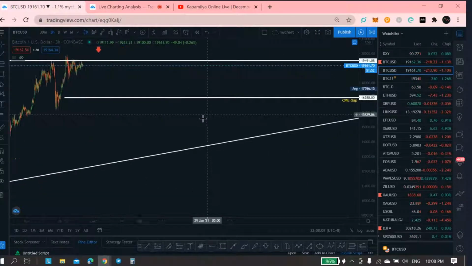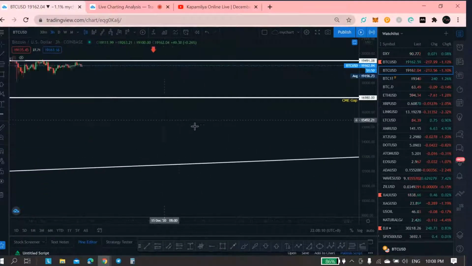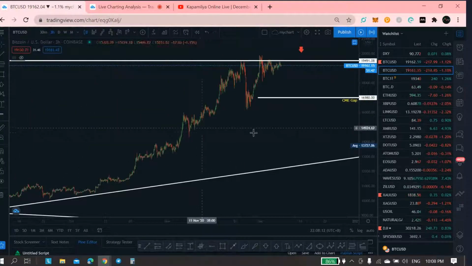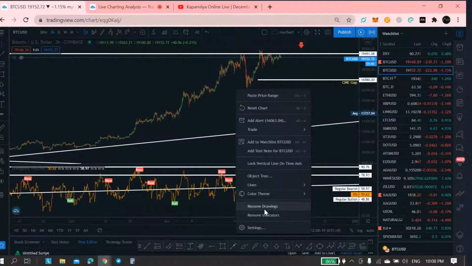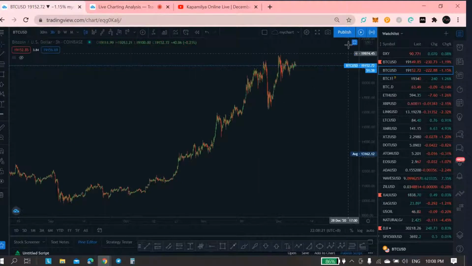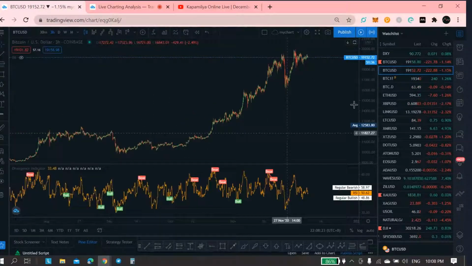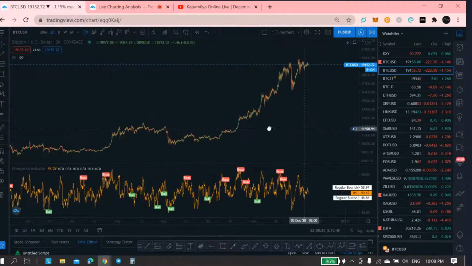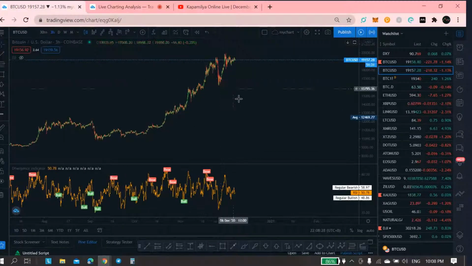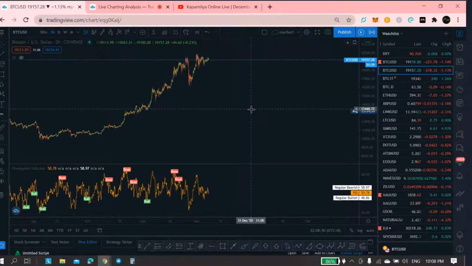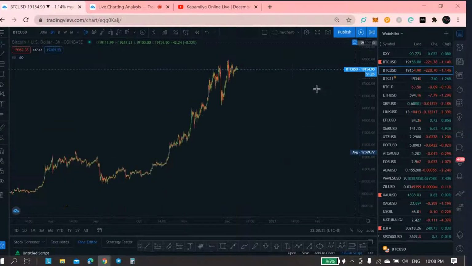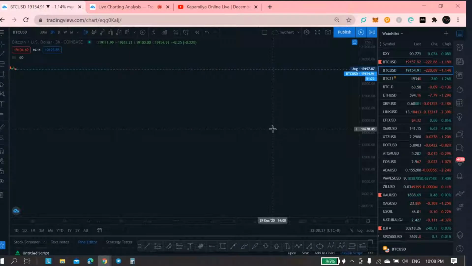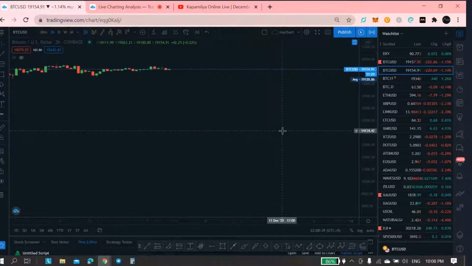I thought I had an alarm here at BTC. There's a lot of lines, so we can just remove that. Normally, as I've mentioned, I just trade using the price action. We'll just add the divergence indicator later on.